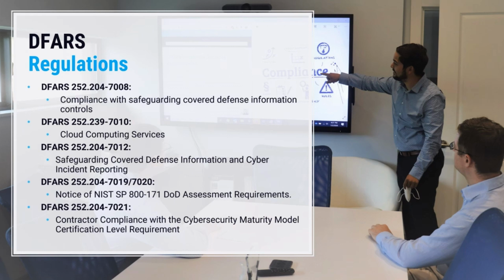It's important to note that also included in this clause is a requirement for a medium assurance security certificate. That's really to prove your identity and the company you're working for, and you need that to access DIBNet.